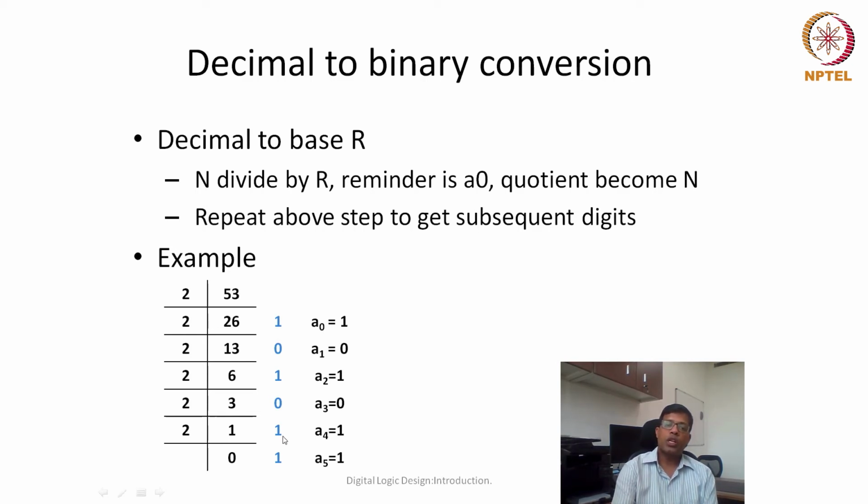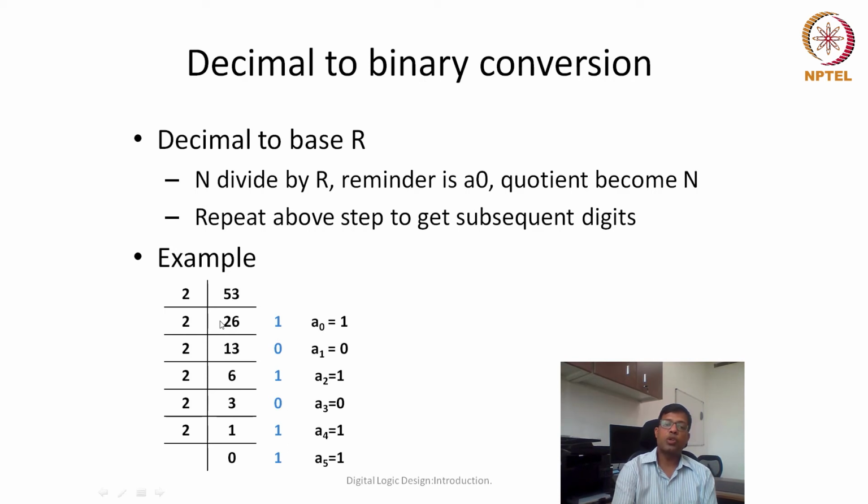So because the remainder is 1, my subsequent binary bit is 1, and again I divide this 1 by 2. Here the quotient is 0 and the remainder is 1. Because the remainder is 1, the next binary bit is 1.